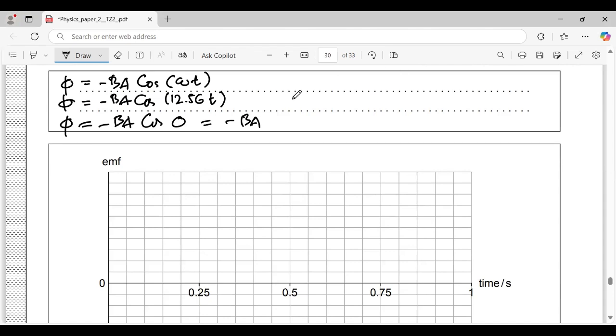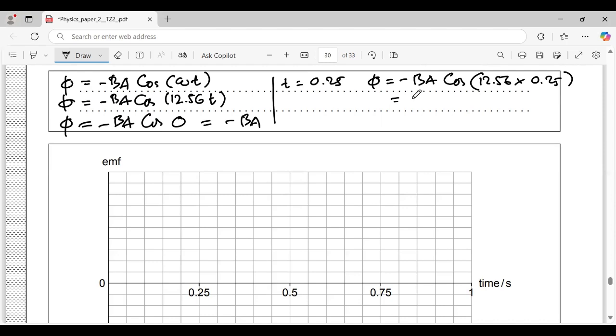And if T equals 0.25, phi equals minus BA cosine 12.56 times 0.25.